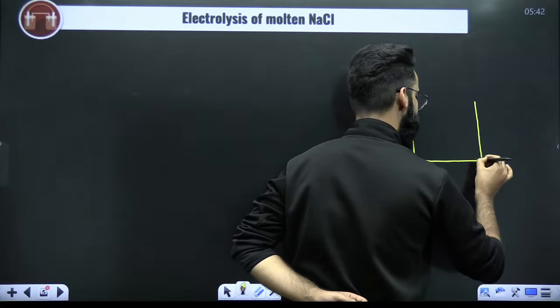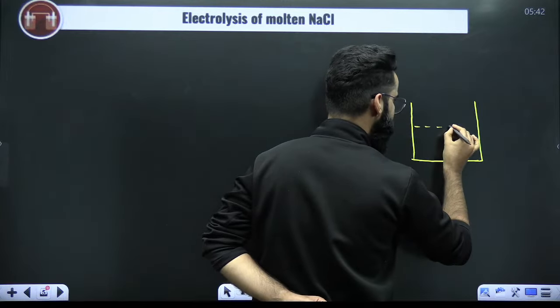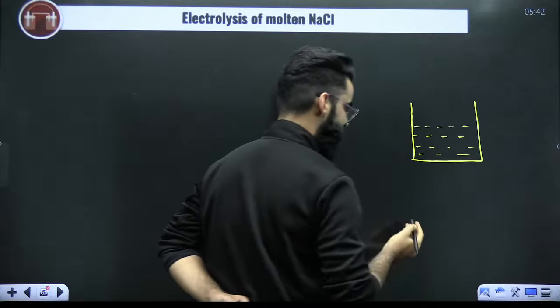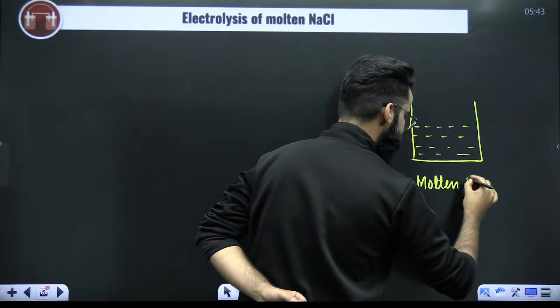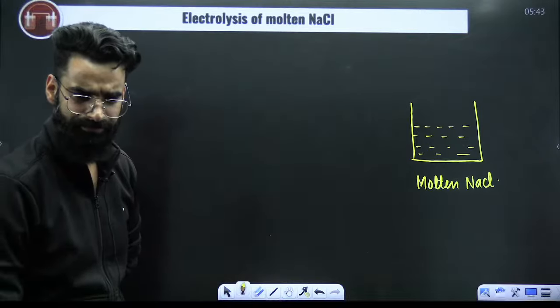First of all, I will be taking a container over here. Imagine this is the container. In this container, let's say I am keeping molten NaCl. You must be thinking what this molten NaCl is all about.